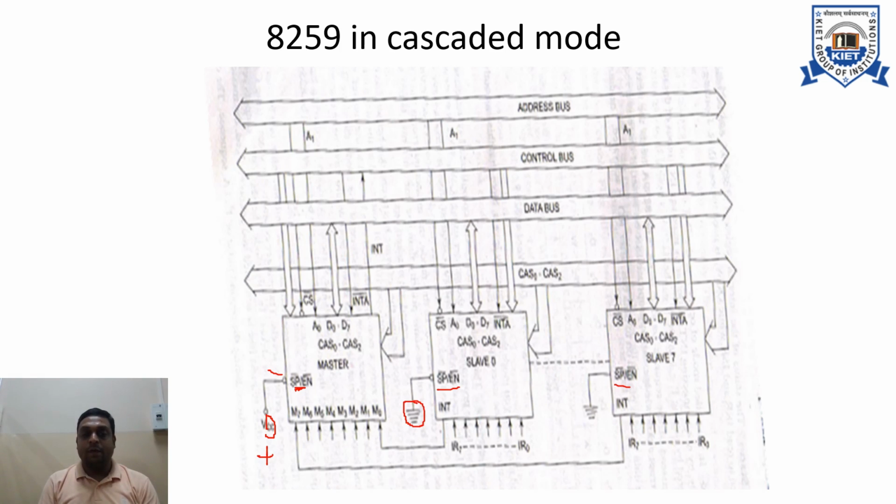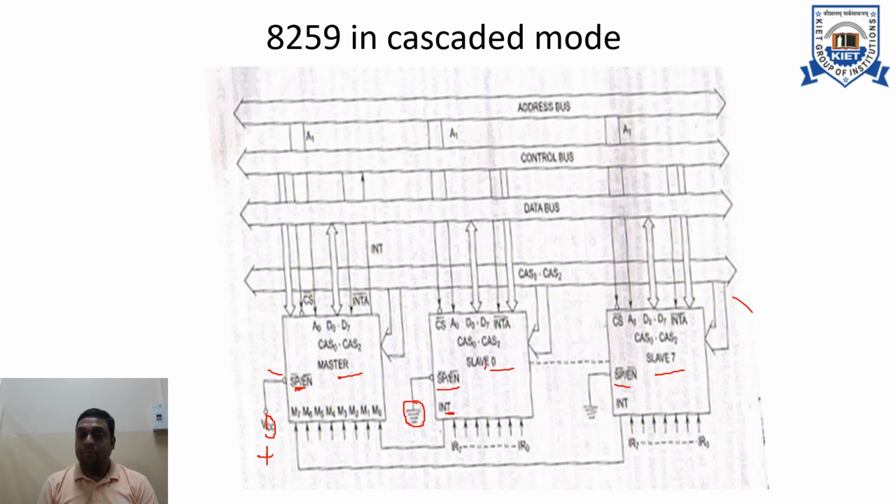So this will become the master and these are slave 0 and slave 1. One more difference, the INT, the interrupt signal of slave 0, is connected with IR0 of the master.